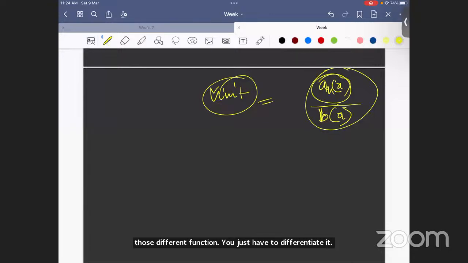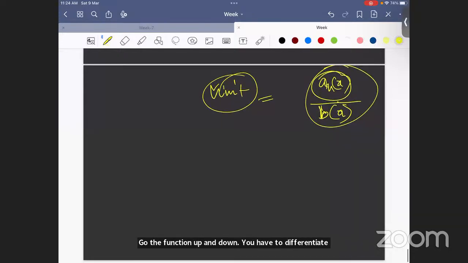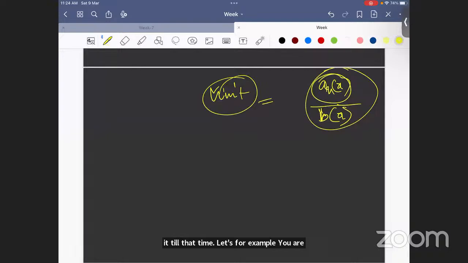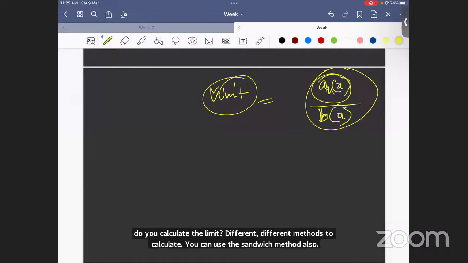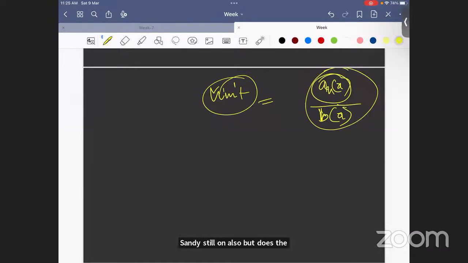You have to differentiate it till the time, for example, I'll try to explain with some examples how you calculate the limit. There are different methods to calculate. You can use the sandwich theorem also, but I'll suggest, if you know differentiation, go with the L'Hospital method each time to calculate the limit.